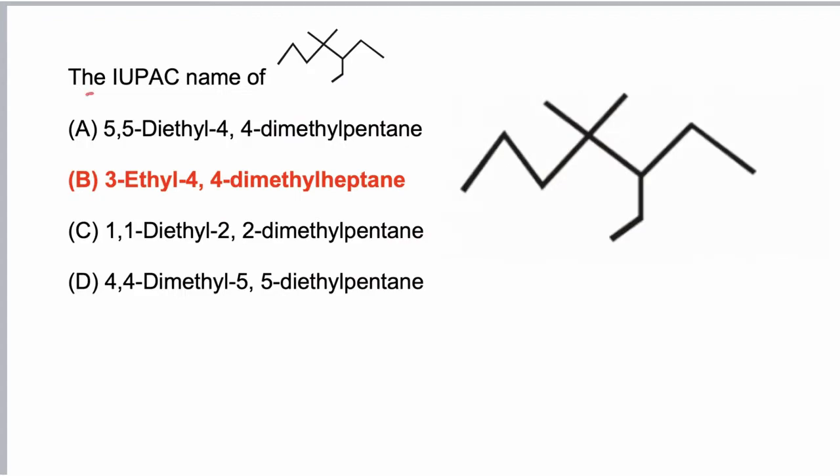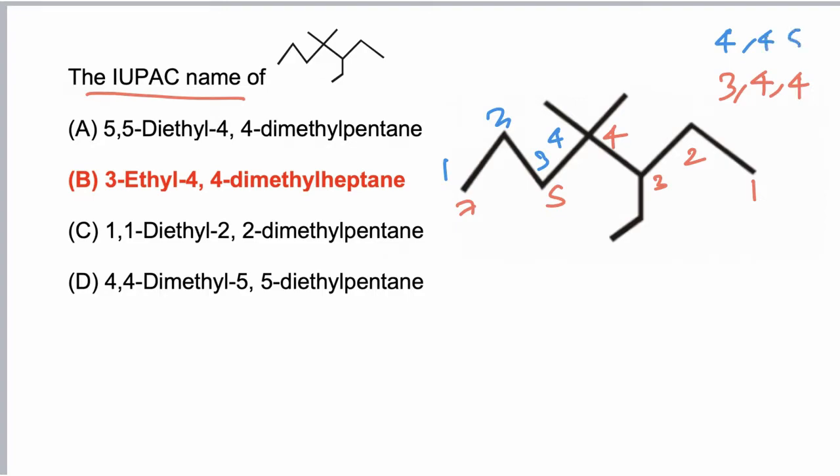In this question we have to find the correct IUPAC name of the given compound. We have to start numbering from the right side according to the lowest set of locants rule. The locants are at 3, 4 and 4 positions. But if we start numbering from the left-hand direction, the positions of the locants are 4, 4 and 5.